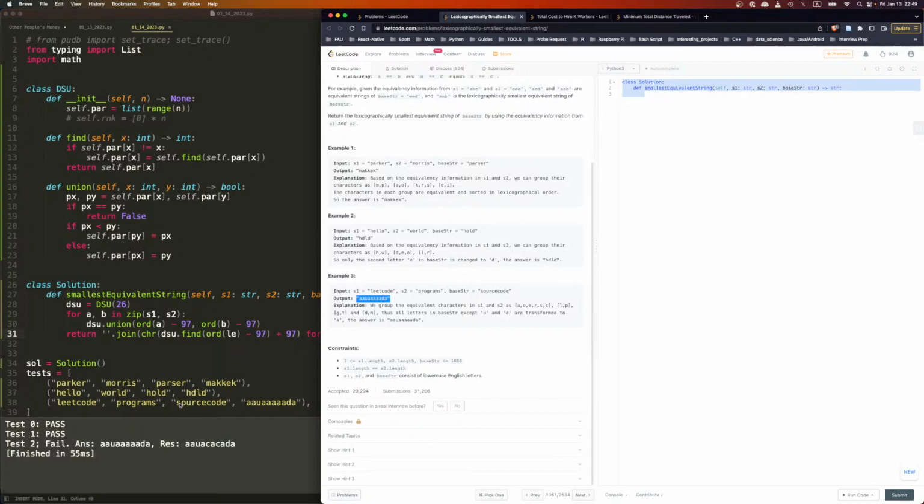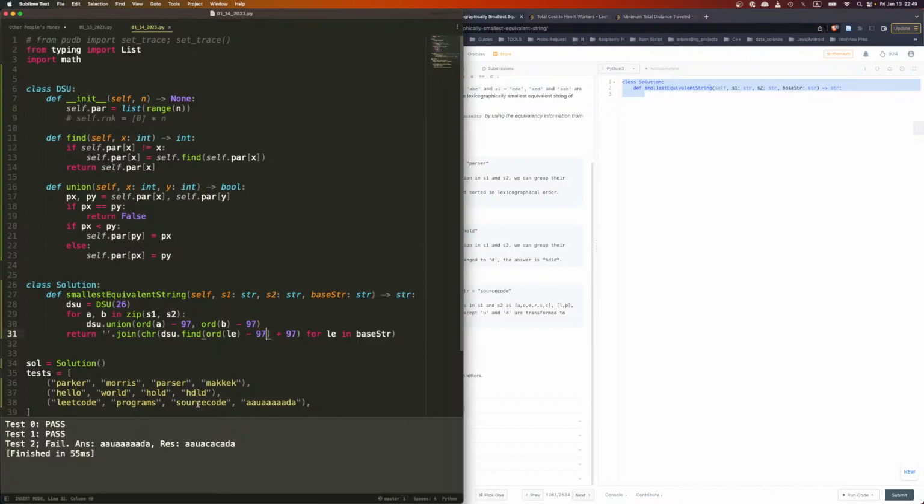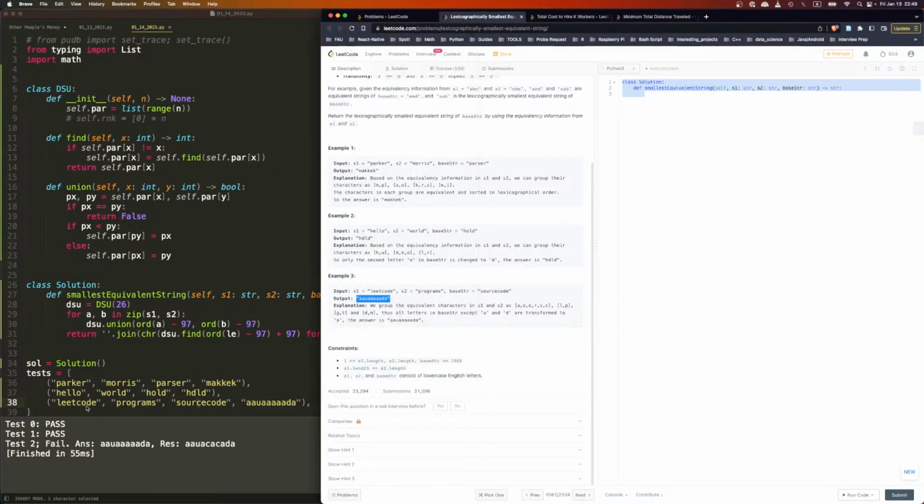Should be A-A-U. I do A, C. C shall be connected to A. How is C connected to A? LeetCode C connect to R. R connect to E. E connect to S. Really?